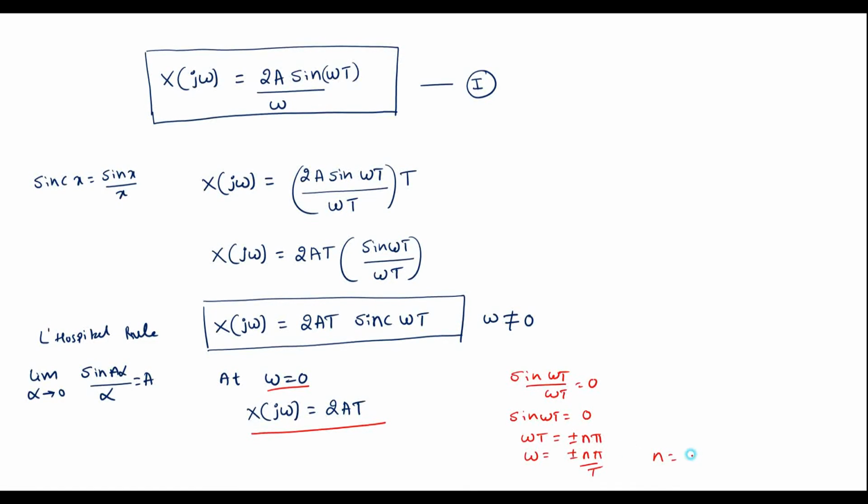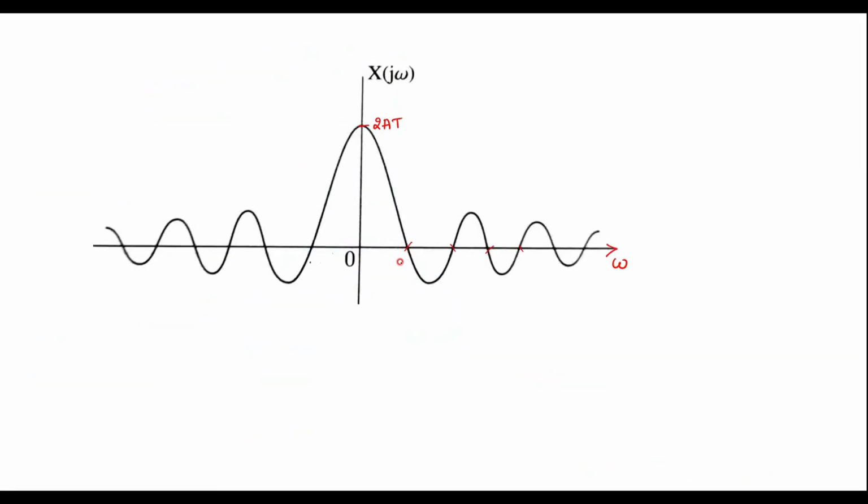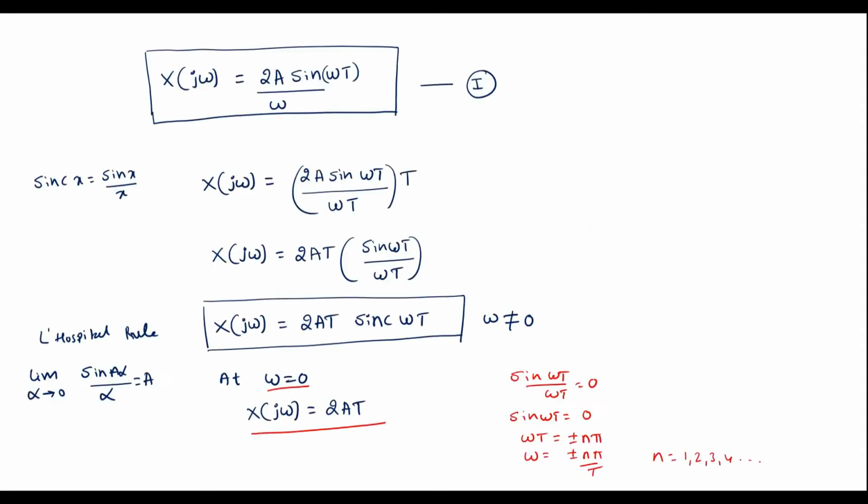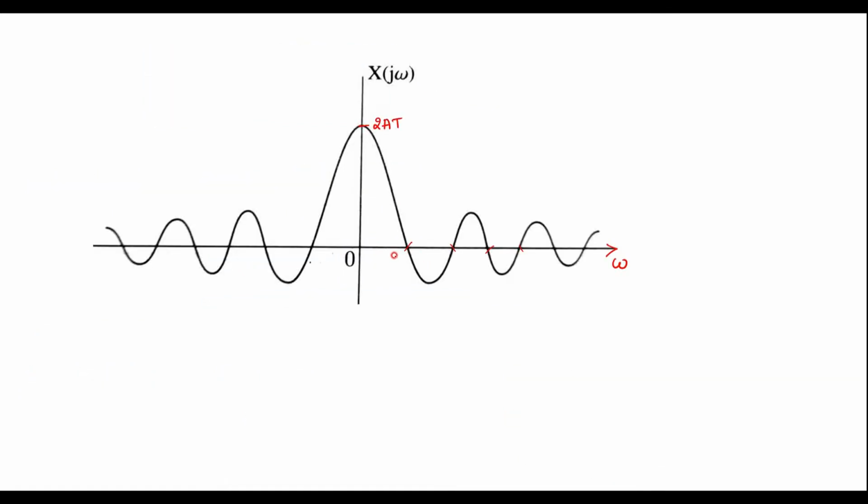Here n is nothing but an integer, that is 1, 2, 3, 4 and so on. Therefore at ω equal to π/T, I can represent it as n equal to 1, that is π/T.